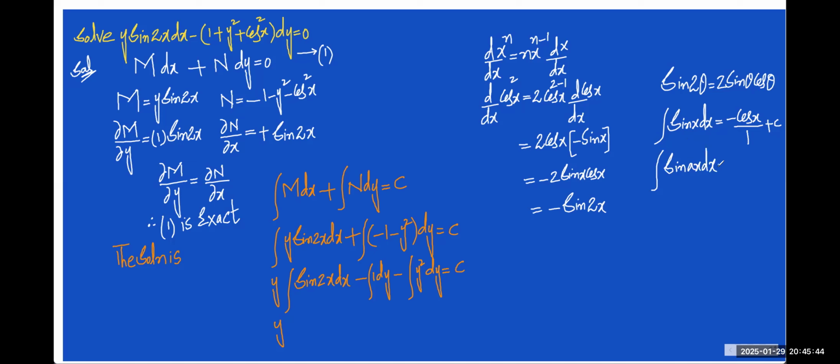Can you tell me the answer? Integration of sin ax is minus cos ax by a plus c. Continuing the same thing here, what is the answer? Come on. Minus cos 2x by 2, that's it. Minus 1 dy gives y, minus y square integration is y cube by 3, and that is equal to constant, and this is your answer.